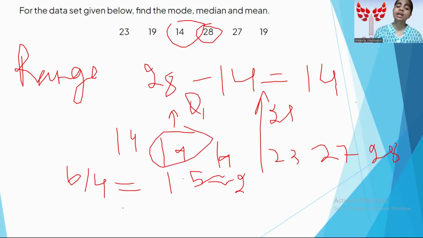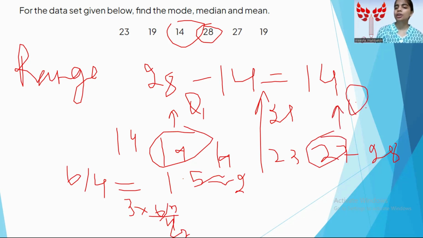And then it was 3n upon 4, that is 3 into 6 upon 4, which is 4.5, so the fifth value. This is your Q3. And your IQR would be 27 minus 19, which is 8.